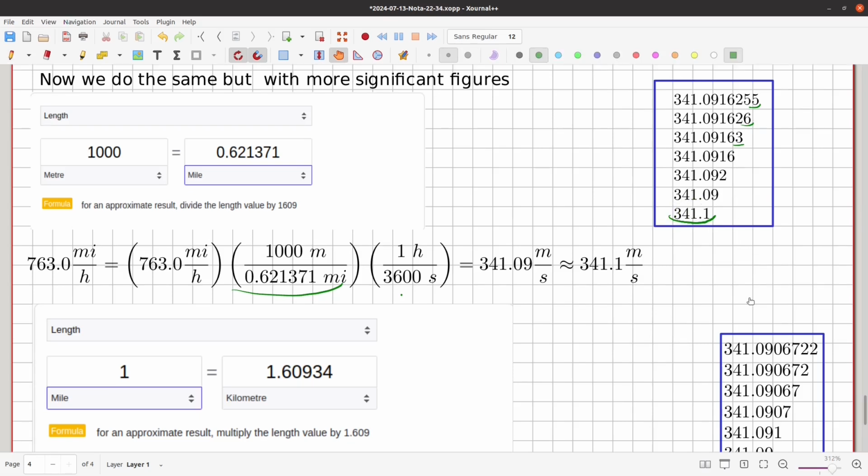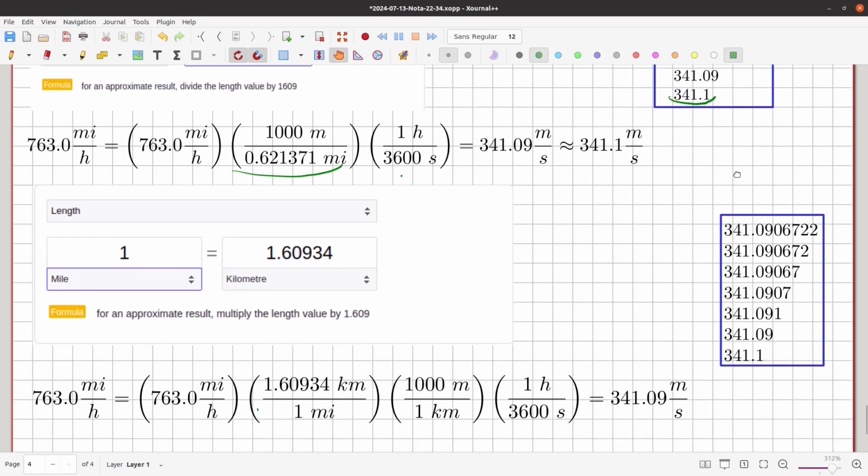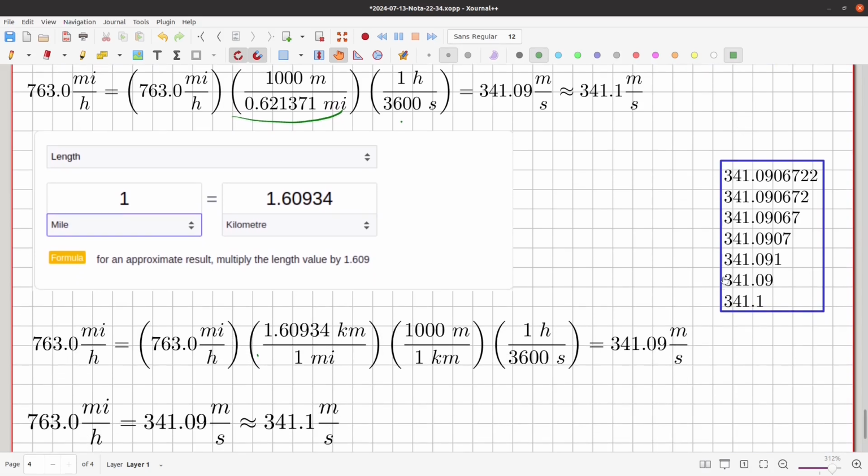You can do a similar procedure in the other case. In this way, we can see that the result with 4 significant figures is the same in both procedures. And that's it for our deep dive into unit conversions.